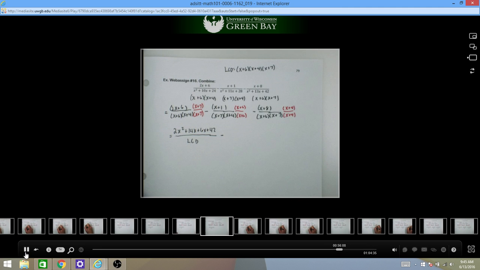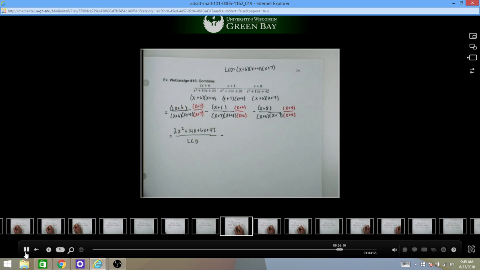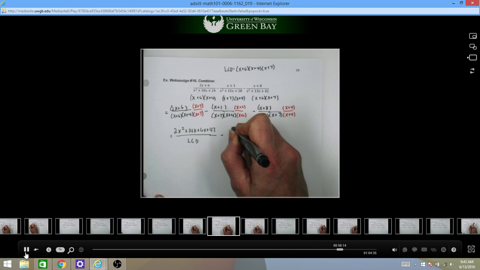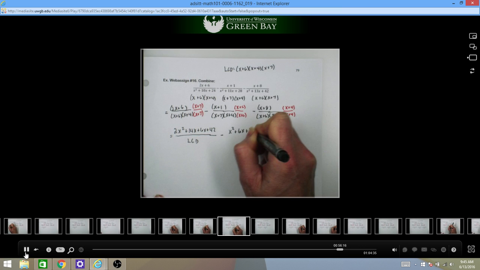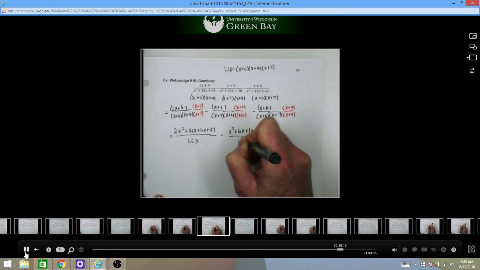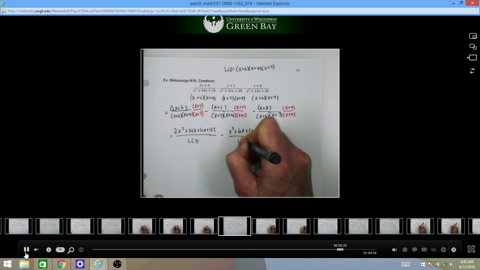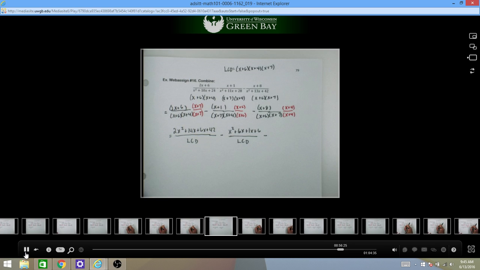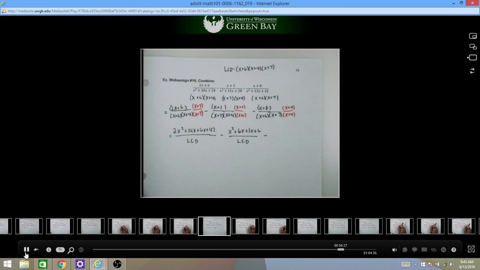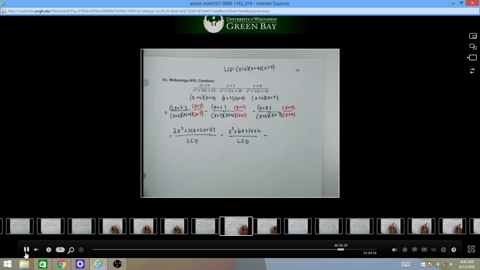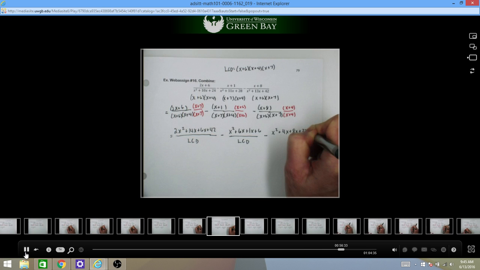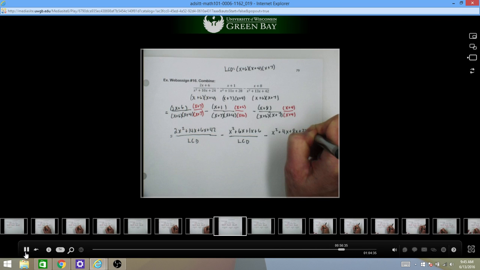Then in the second numerator, you have x squared plus 6x plus 1x plus 6 all over the LCD. And the third numerator, you have x squared plus 4x plus 8x plus 32 all over the LCD, and then just check the arithmetic.